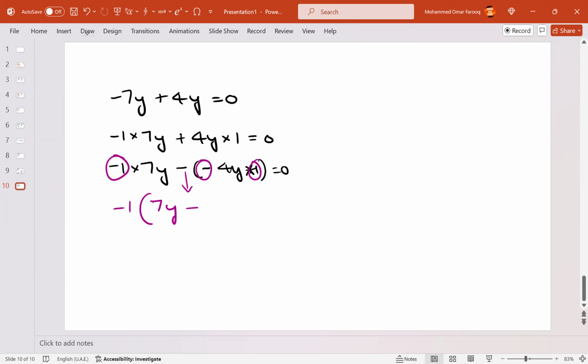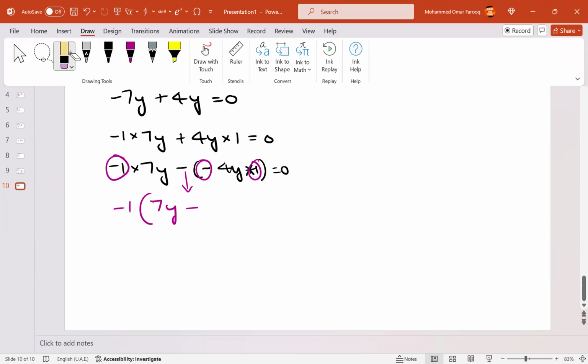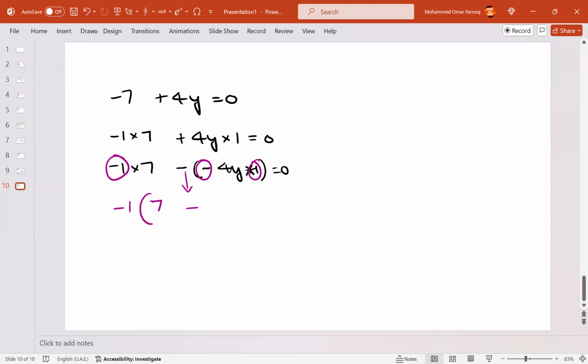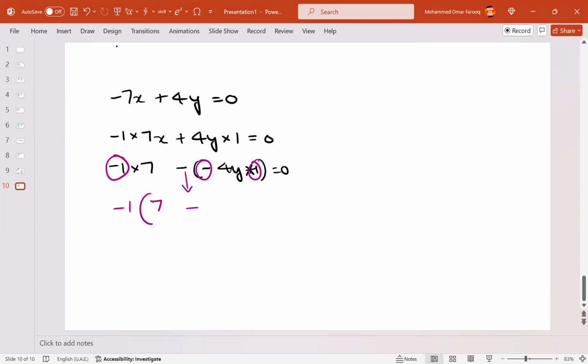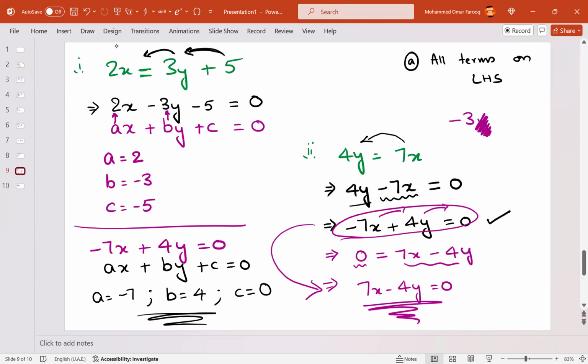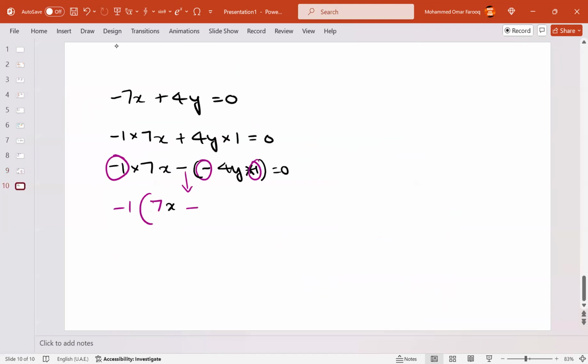Sorry, it is not 7y, it is 7x. Where did the x come from? It was there in the problem. See, instead of 7x, I wrote 7y by mistake. So 7x minus 4y in brackets is equal to 0.